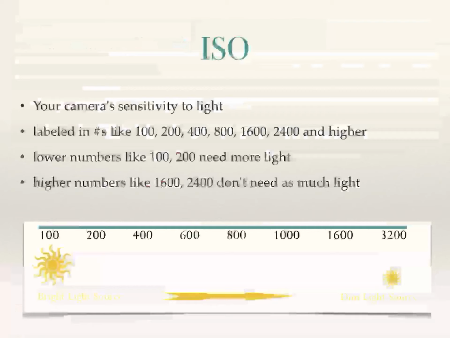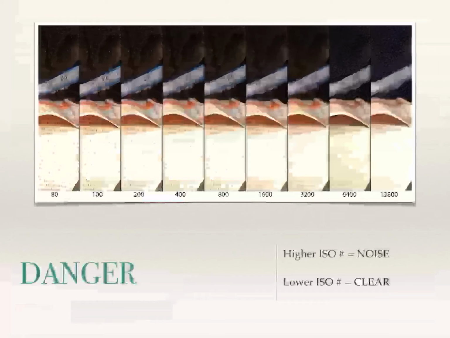I would then need to purchase a roll of film that was a higher ISO because I would need it to capture the less light. The danger in that, though, is that the higher number is going to get you what we call noise. Noise in your image looks just awful.